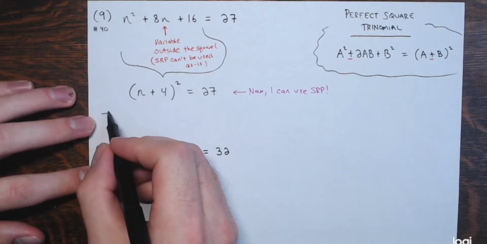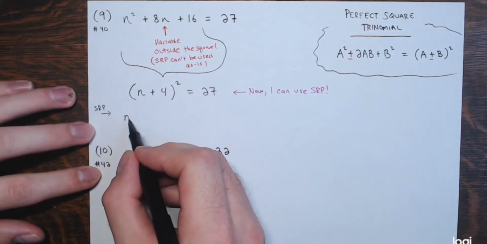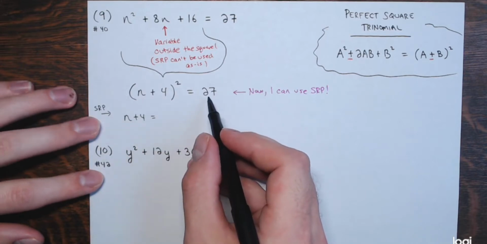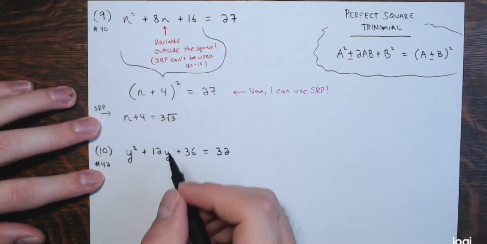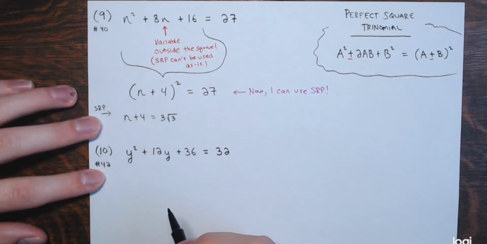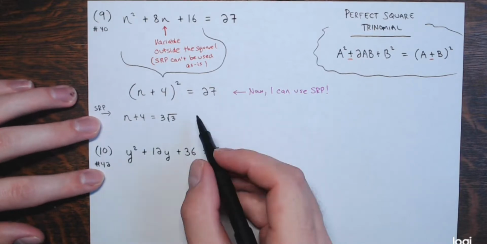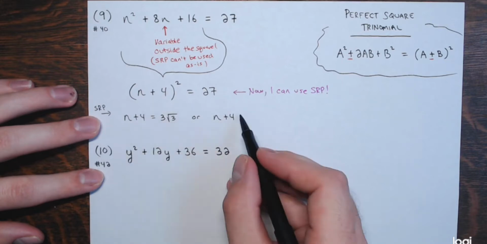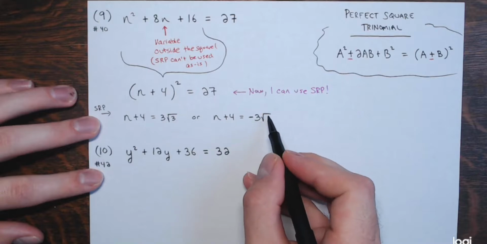So by the square root property, this n plus 4 is either positive square root of 27, which is 3 times the square root of 3. Right? Square root of 27 simplifies to the square root of 9 times the square root of 3, which is 3 times the square root of 3. Or n plus 4 is negative square root of 27, or negative 3 times the square root of 3.